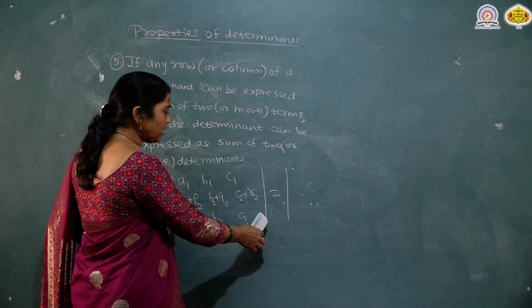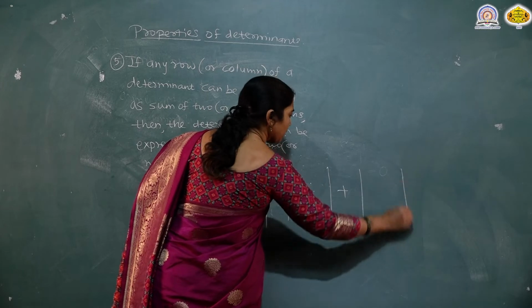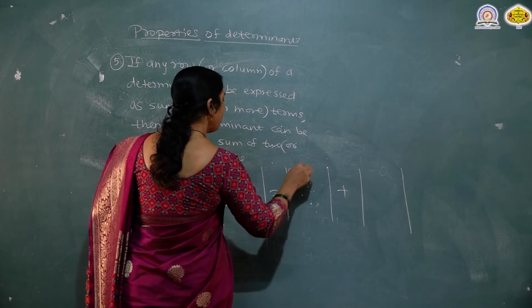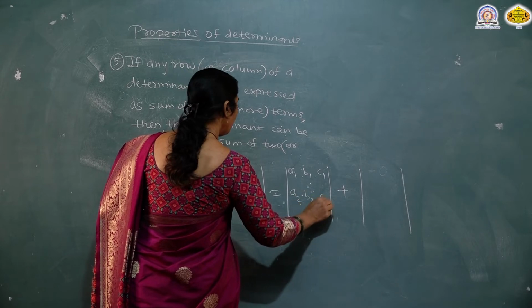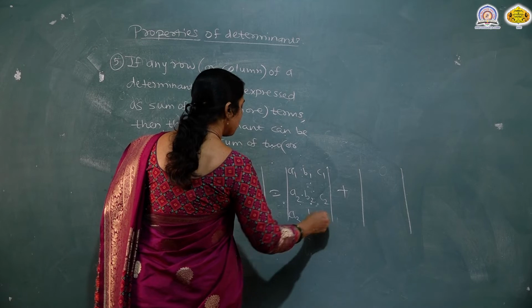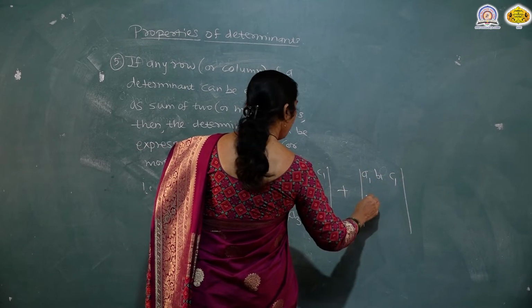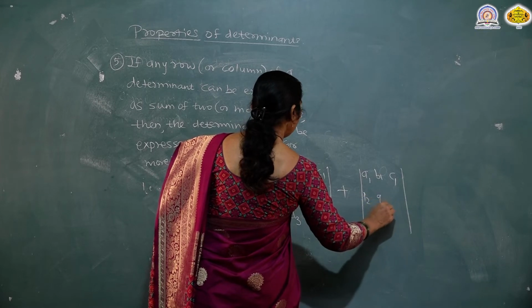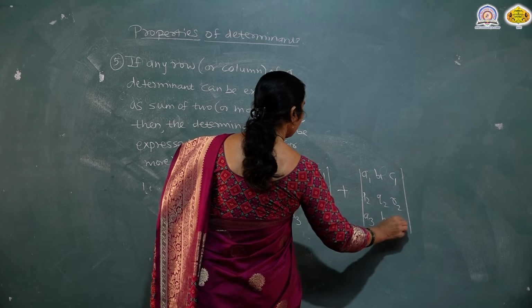So the total determinant can be expressed as sum of two determinants as A1, B1, C1, A2, B2, C2, A3, B3, C3 plus A1, B1, C1, P2, Q2, R2 and A3, B3, C3.